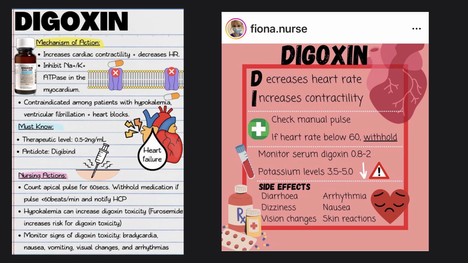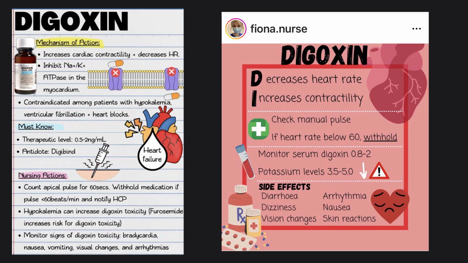So let me just say, for starters, that the biggest issue is we're treating, well, digoxin can treat arrhythmias, right? And if it can treat arrhythmias, it can cause arrhythmias. Hypokalemia can also cause arrhythmias.